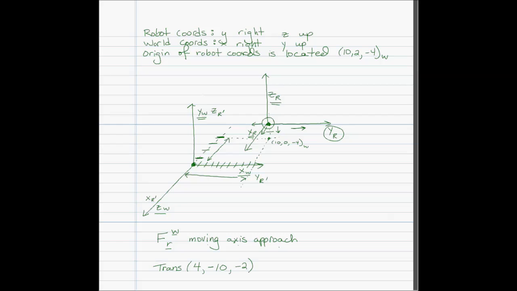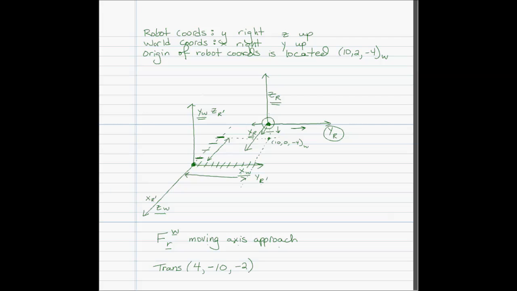So now if I look, obviously the x world axis lines up with the y robot prime axis, the x robot prime lines up with the z world, and so on. And what I need to do is align the x robot to the x world and the y robot prime to the y world, and so on.